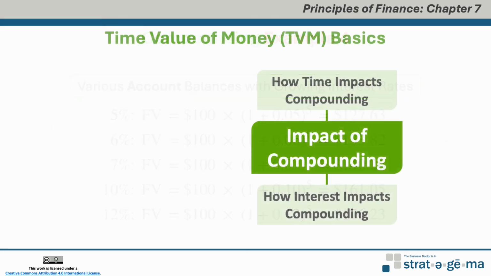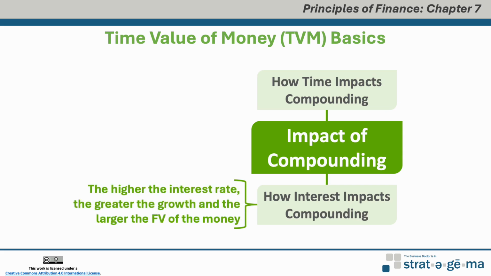So what this tells us then is that not only is compounding affected by time, in the sense that the more time you have, the larger the growth, the interest rate also has an impact. The higher the interest rate, the greater the growth, and therefore the larger the future value of the investment.